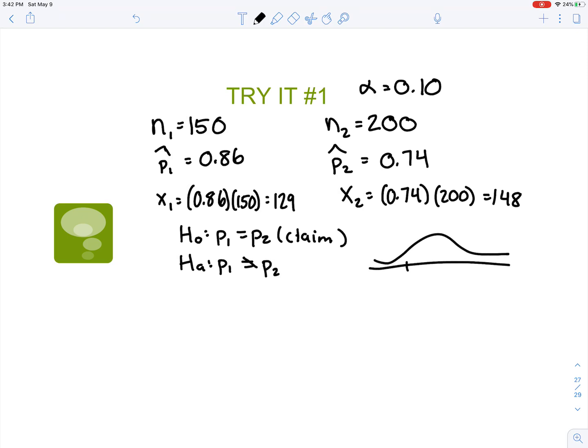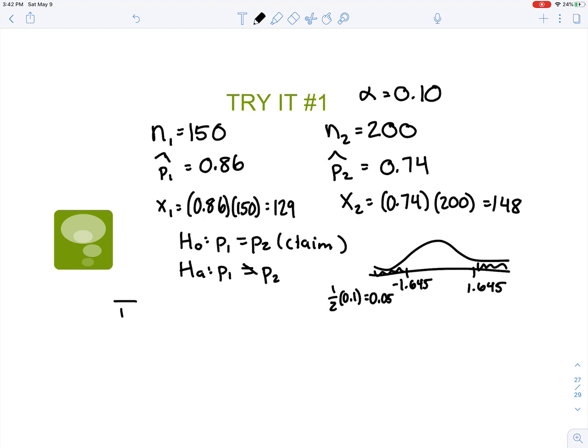So looking at this, I know it's two-tailed. I'm looking at the z chart. If it's two-tailed and my level of significance is 0.1, I need 1/2 of 0.1. And I'm looking at my chart. I see that's negative 1.645 and 1.645. Now I can plug my information into my equation.